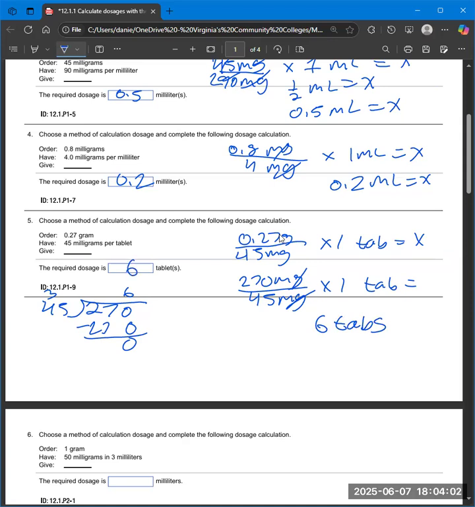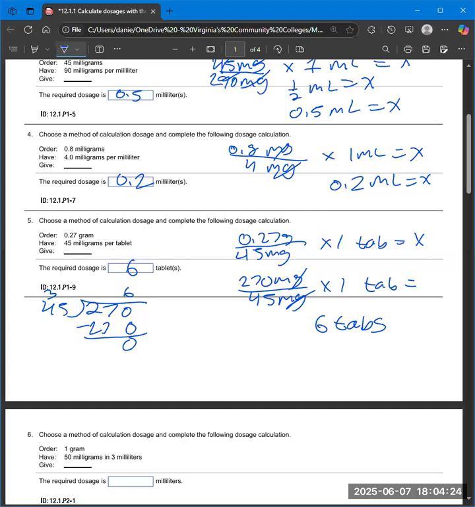Now I would question giving the patient 6 tablets of anything. Usually we don't want to give them more than 3 tablets when we give them something. So if you get an answer that is bigger than 3 here, this might be something that we talk about later, but you check with the doctor to see what they want to do.